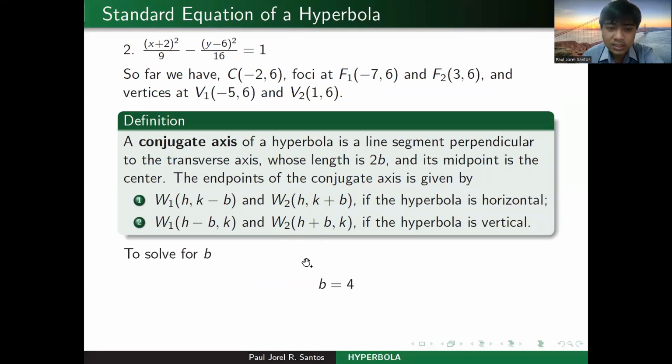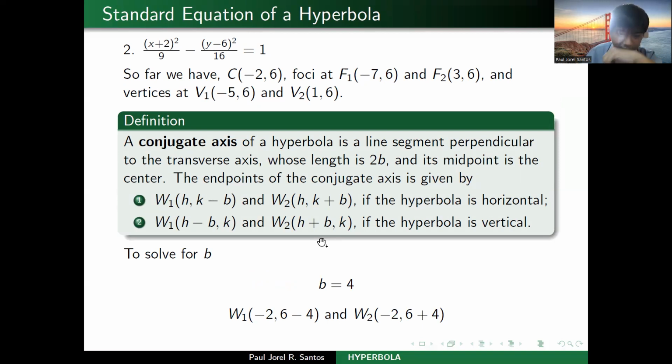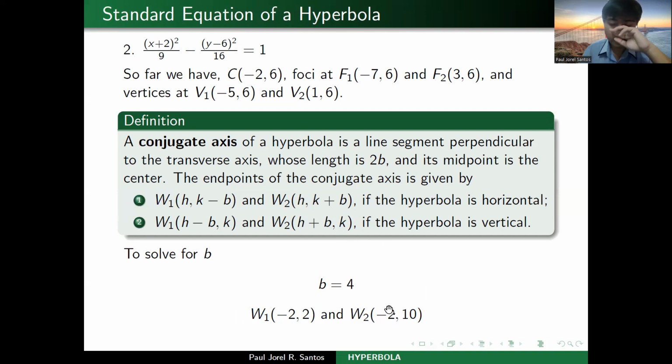Replacing h, k, and b by their values, we have (-2, 6 - 4) and (-2, 6 + 4), with negative 2 as the value of h, 6 as k, and 4 as b. So this will be (-2, 2) and (-2, 10). There you go, so we have now the endpoints of the conjugate axis.